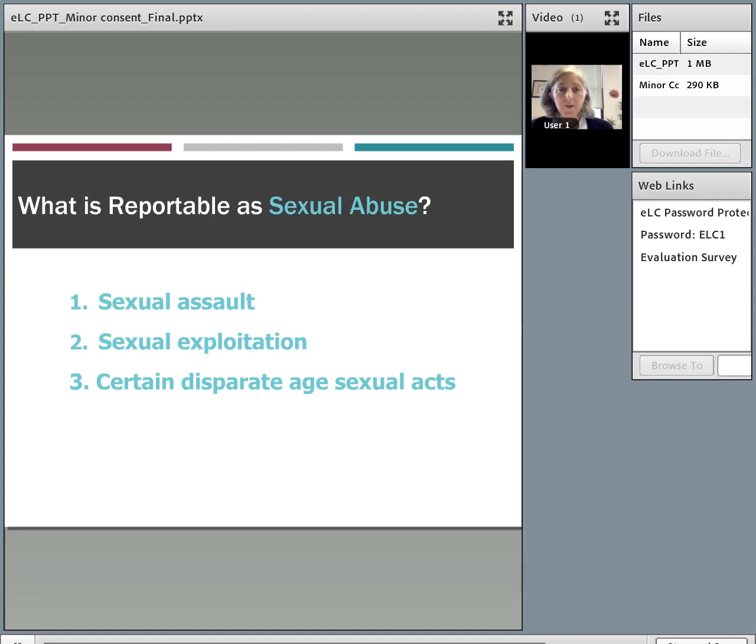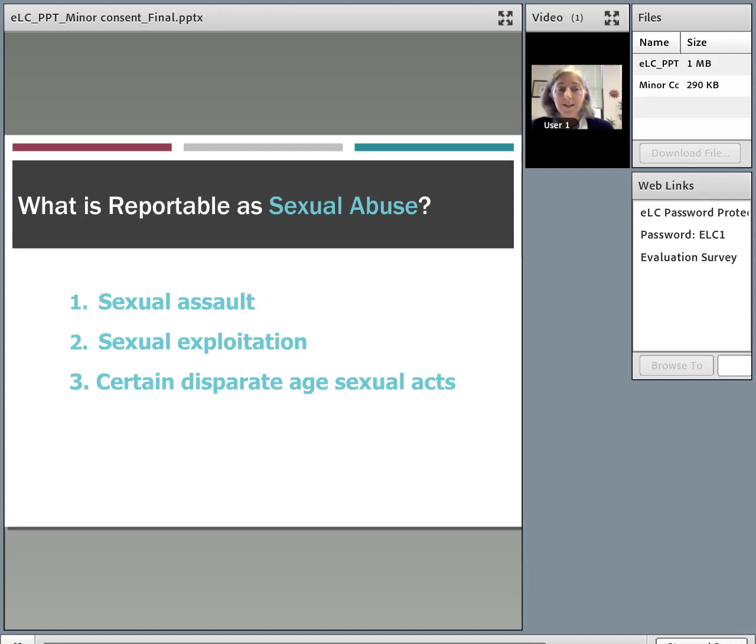It may be sexual intercourse that occurs when someone is so intoxicated that they are not able to provide consent. Sexual exploitation, which includes trafficking of young people, pornography. You can find more detailed information and definitions in resources that we'll provide at the end.